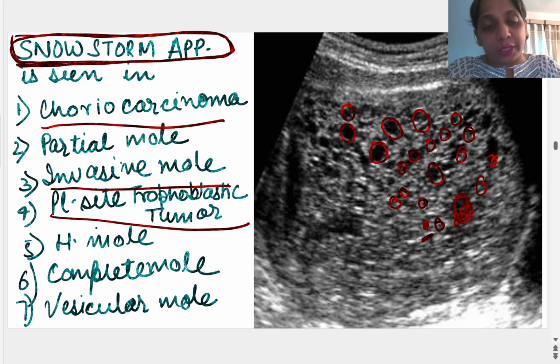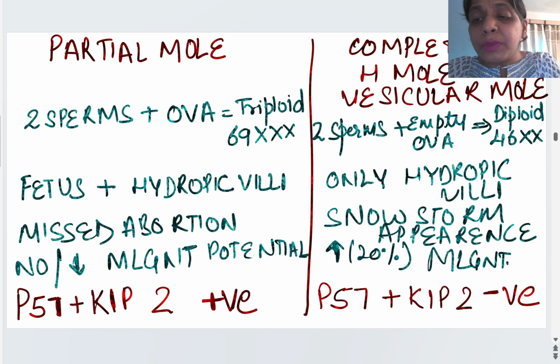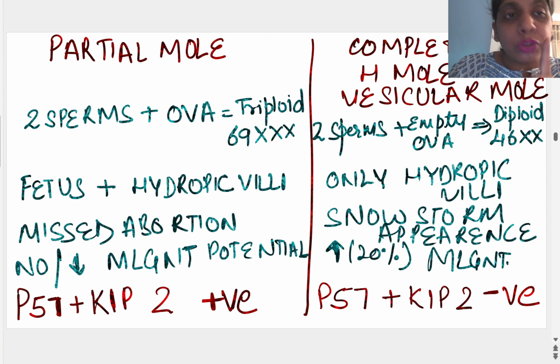Now let's see the difference between partial mole and complete mole once more. In partial mole, 2 sperm fertilize the nucleated ovum, so it is triploid. In complete mole, 2 sperm fertilize the empty ovum, so it is diploid. Fetus and hydropic villi both are seen in the partial mole.